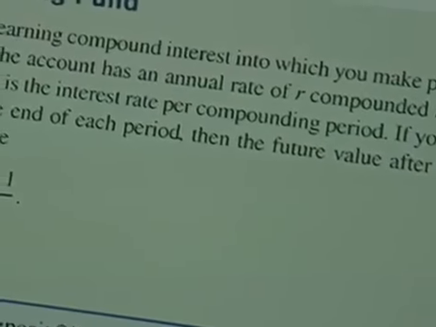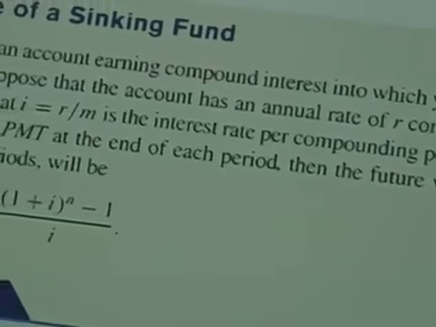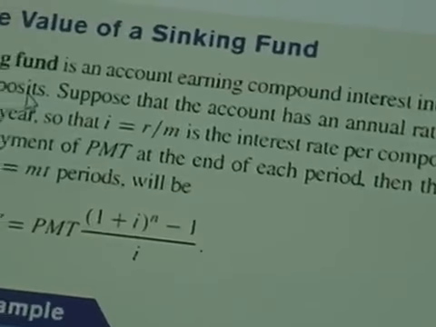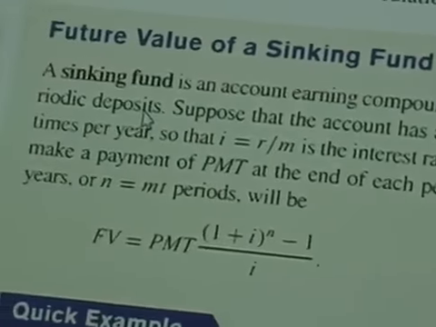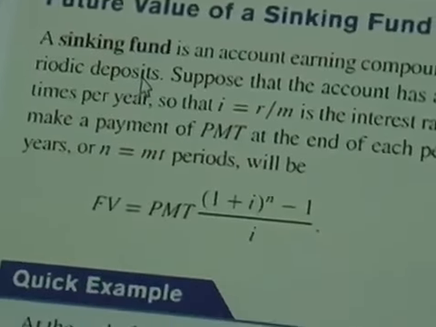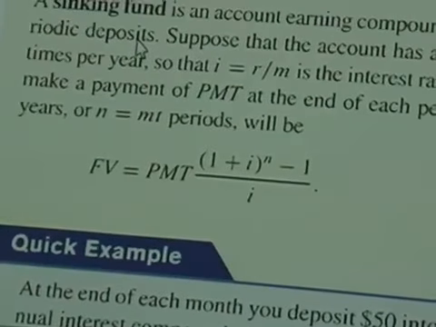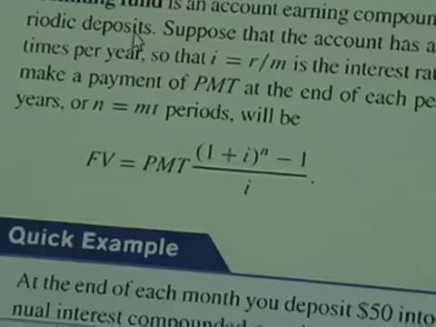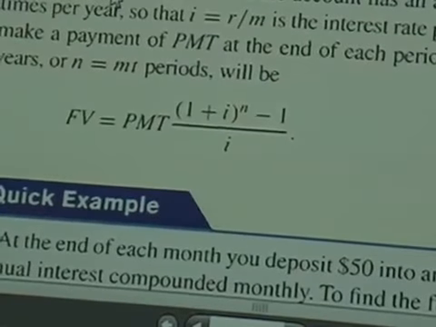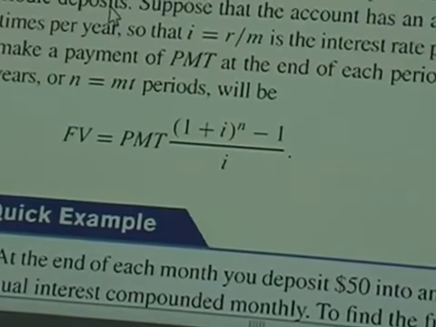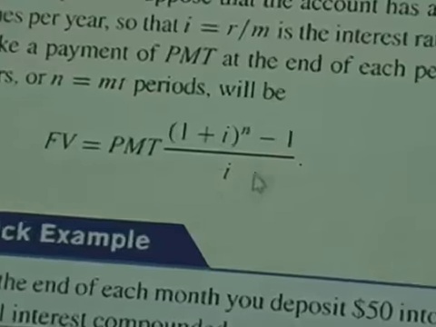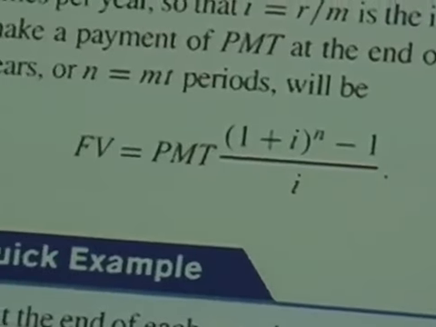That's the amount that we paid at the end of each period, which was what? $100, right? Is everybody paying attention? Then the future value after t years, or n equals m times t periods, will be this. Okay? And we can show that.